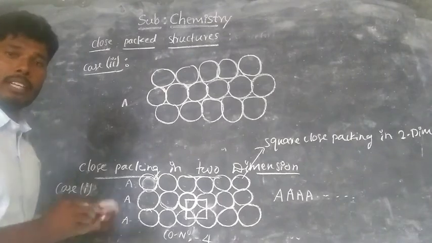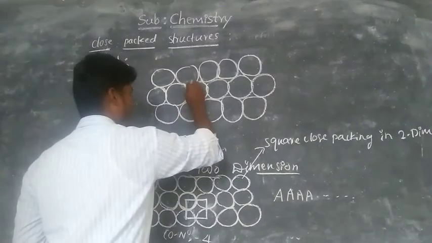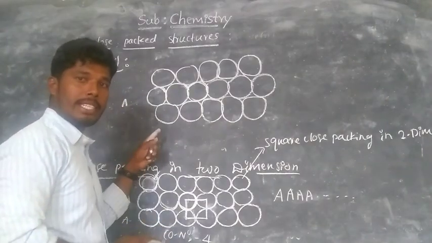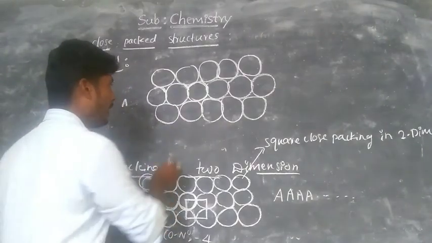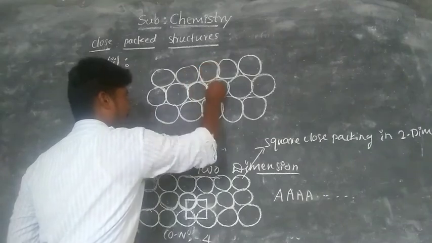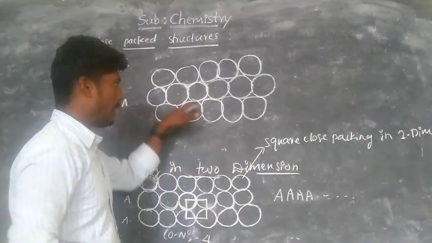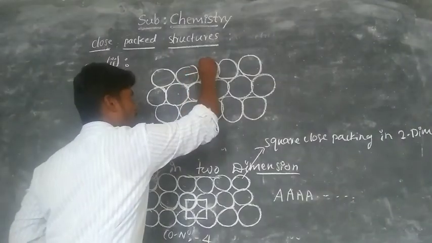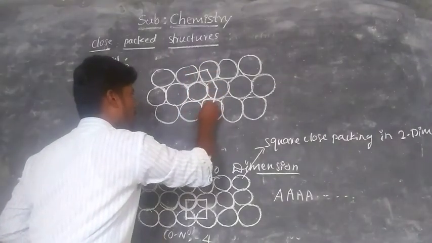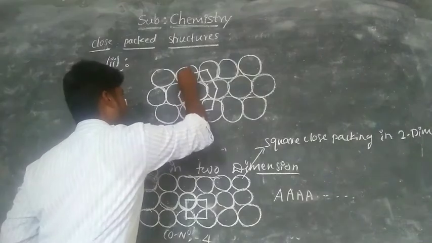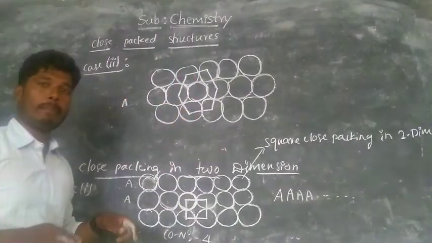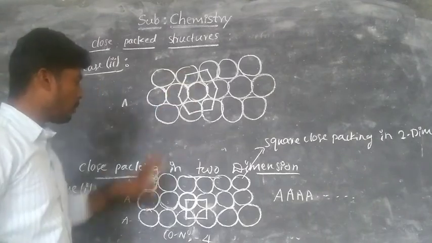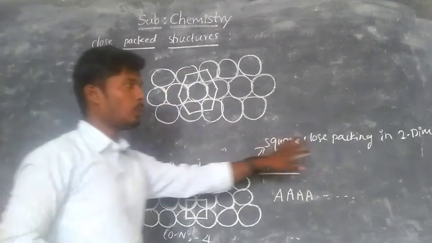Now observe, in this case each atom or each sphere is surrounded by 6 spheres. After joining the centers of the 6 spheres, you get a hexagonal shape. Hence we call it hexagonal close packing in two dimensions.